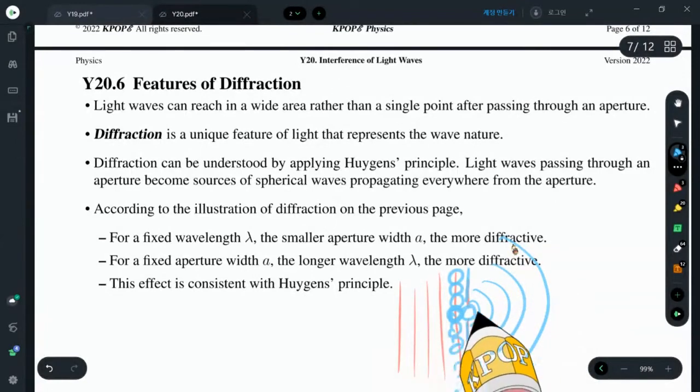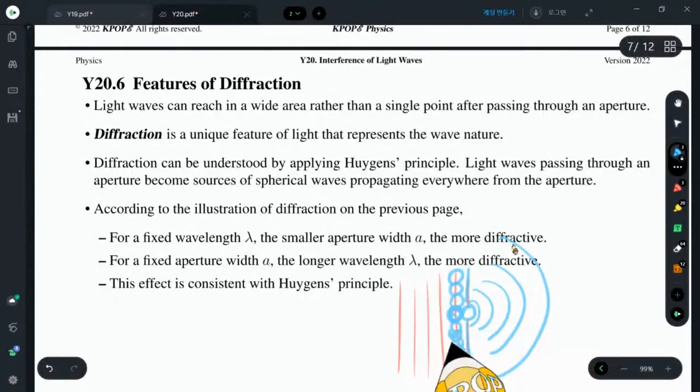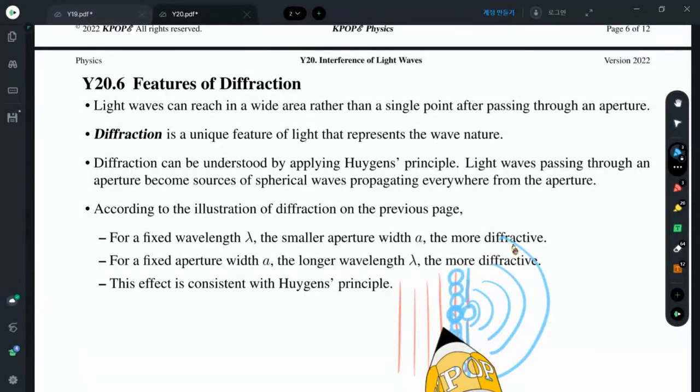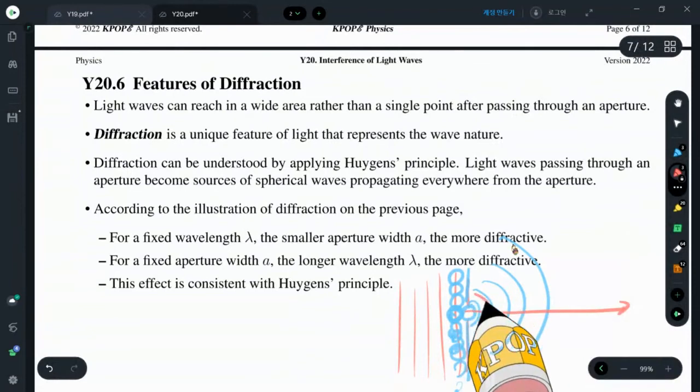So after passing through an aperture, this plane wave is the sum of many circular waves, and only tiny pieces of circular wave survive. Therefore, it is not traveling straight, but traveling radially.